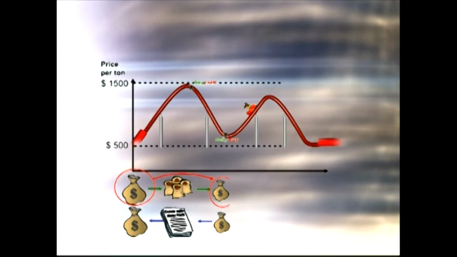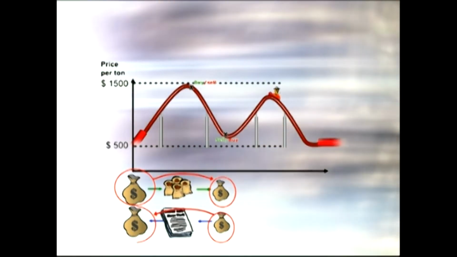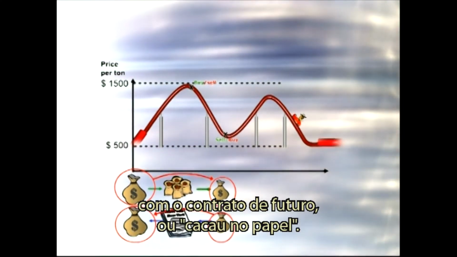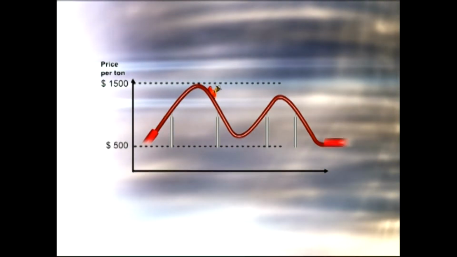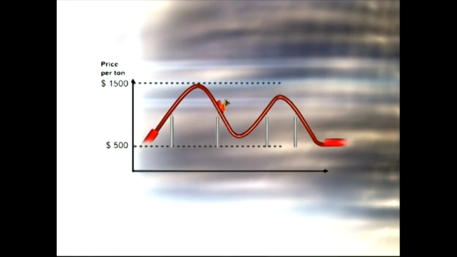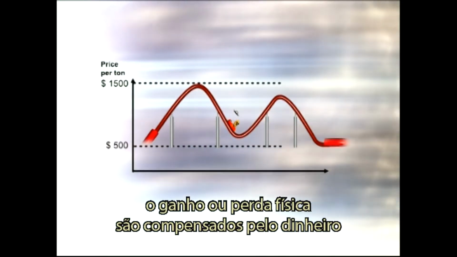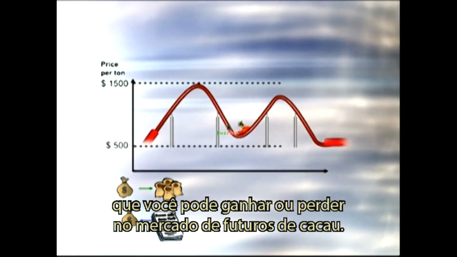The money you lose with the physical cocoa is compensated by the money you gain with the future contract, or paper cocoa. By hedging your physical business, purchases or sales at another price level at the same moment, the gain or loss on the physicals is compensated by the money you gain or lose on the cocoa future market.